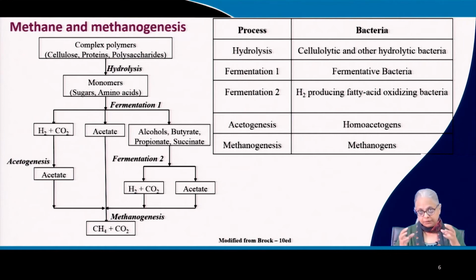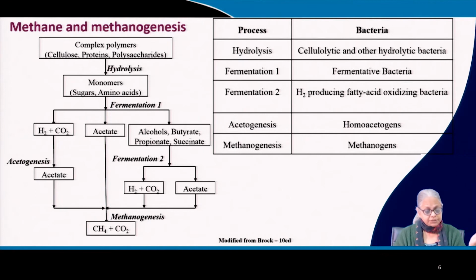Because remember, the cell wall of most of these bacteria is relatively impermeable. So for these large molecules to enter into the cell is very difficult. The only way they can enter into the cell is first they have to be broken down into monomers, and this is hydrolysis. So you have cellulolytic as well as hydrolytic bacteria and their extracellular enzymes that are responsible for breaking down these polymers into monomeric form. These monomers can then be brought into the cell.